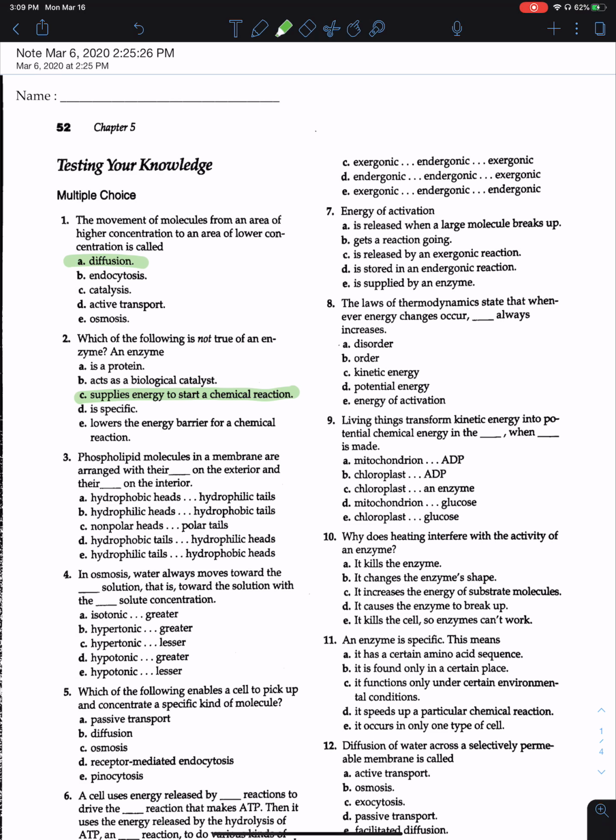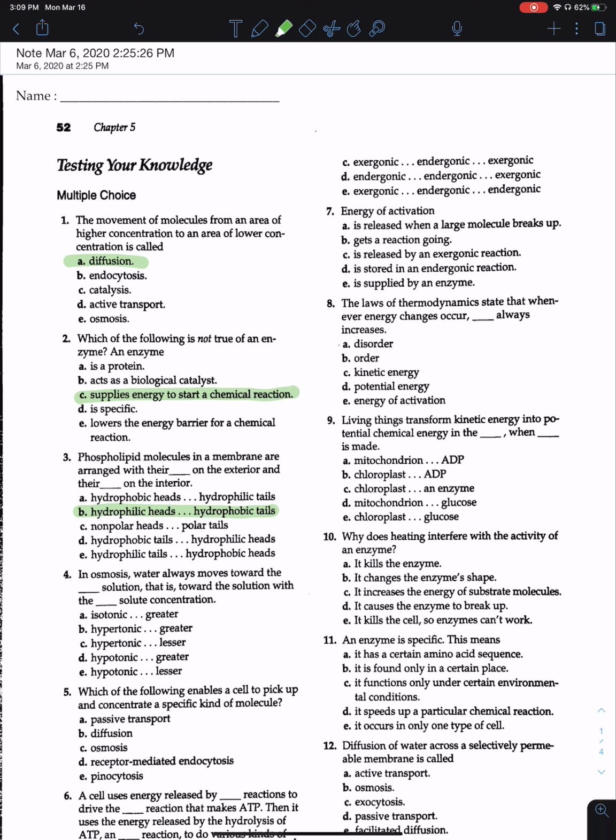Moving on to number three: phospholipid molecules in a membrane are arranged with their blank on the exterior and their blank on the interior, which is referring, of course, to the head and tail region of those phospholipids, if you recall that from like August, right? The answer here is B: hydrophilic heads, hydrophobic tails.